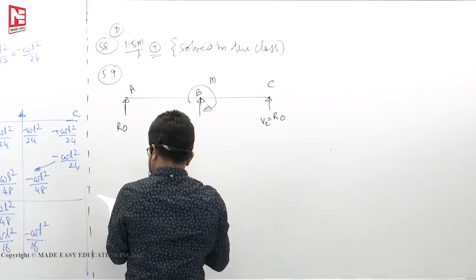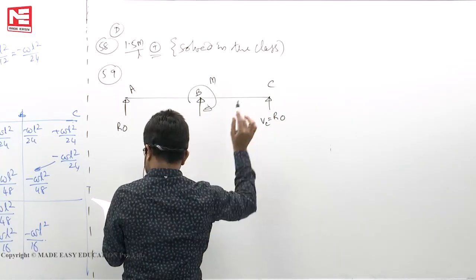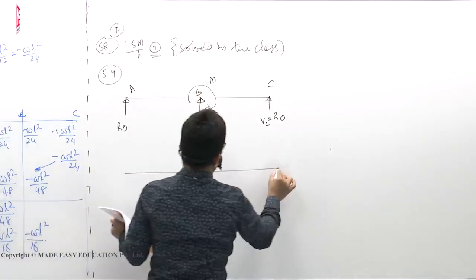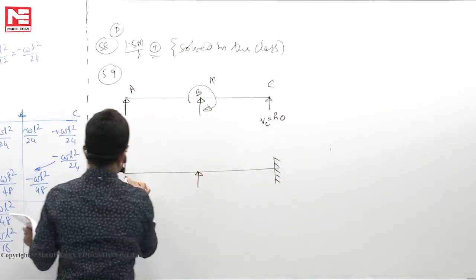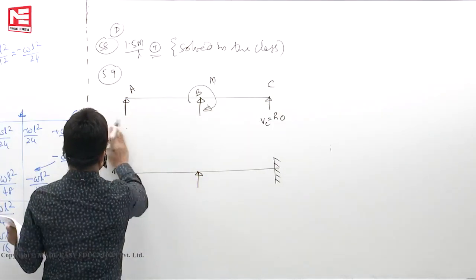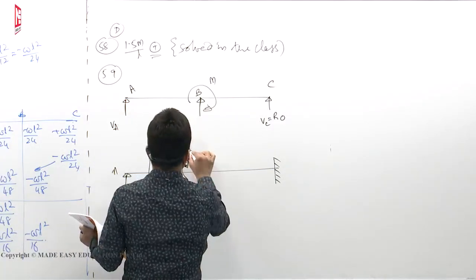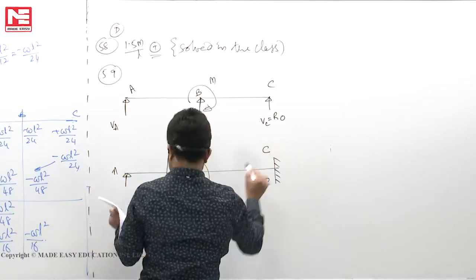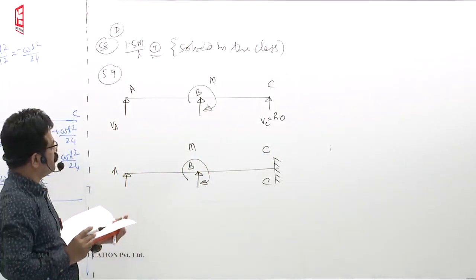Keeping all conditions the same, if the end C is fixed, what is the reaction at C? So now all conditions same, I am fixing it like this. This is some reaction, we are not interested, VA. This is M, this is C. A, B, C. He is simply asking what is the reaction at C.